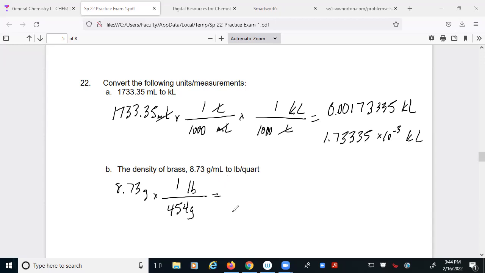So 8.73 divided by 454 would give me 0.0192 pounds. And then 1 milliliter, we want to convert that to quarts. We know that 1,000 milliliters is equal to 1.057 quarts.